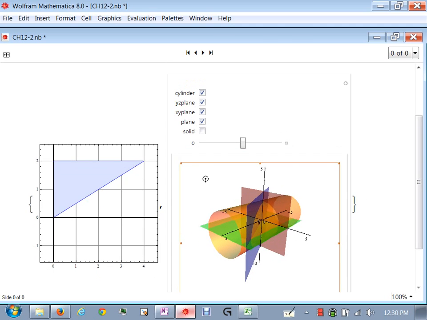And so we're looking for the region that's enclosed by all of those. So this plane, this back wall, this bottom, and then the cylinder. You see it? So here's our solid. It's this piece right here.